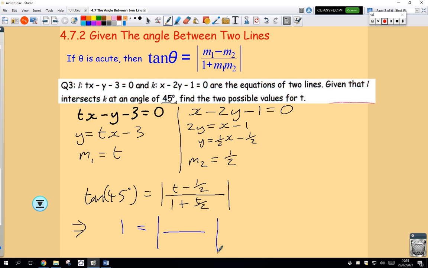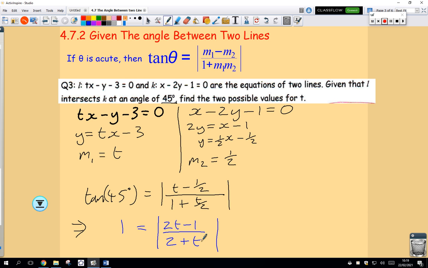If I multiply it by 2 over 2, the multiplication by 2 on the top will cancel out the division by 2, and it'll do the same on the bottom. So I'm going to multiply this fraction by 2 over 2 to get 2t minus 1 over 2 plus t. That's the absolute value.